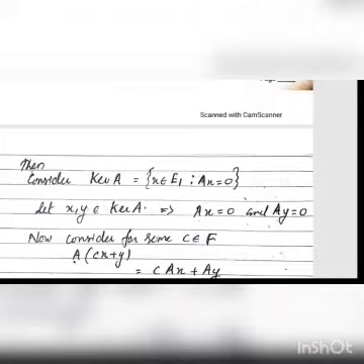This is our usual method to prove that a set is a subspace of a vector space: you take two elements and find cx + y, and if that also belongs to the set, then it is a subspace. Now consider, for some c belonging to F, A(cx + y). If this is also 0, we may conclude that cx + y belongs to the kernel. So A(cx + y) = c Ax + Ay, which is again 0 since A is linear.